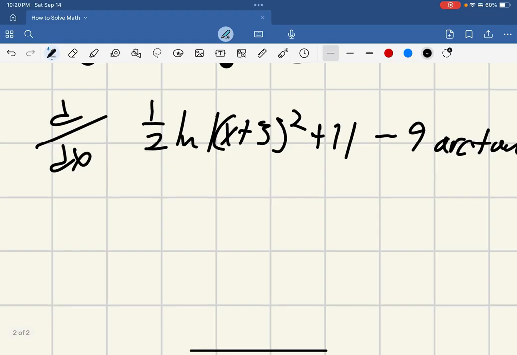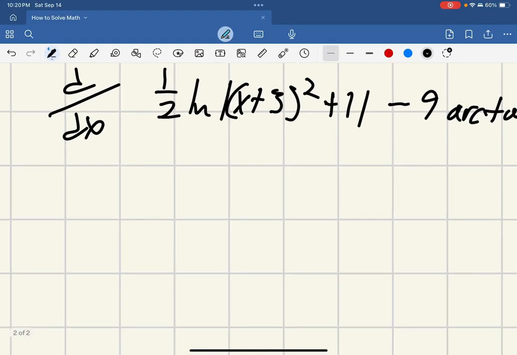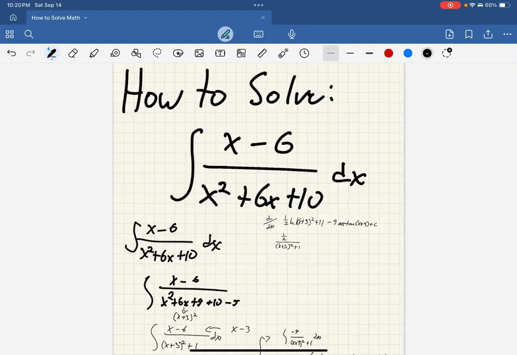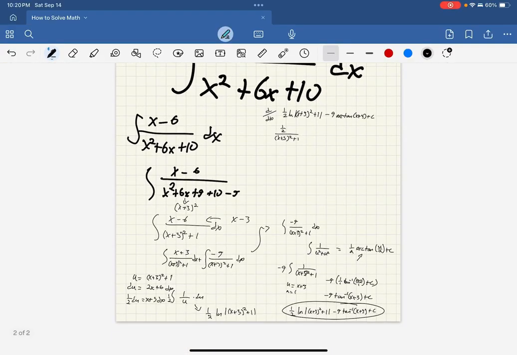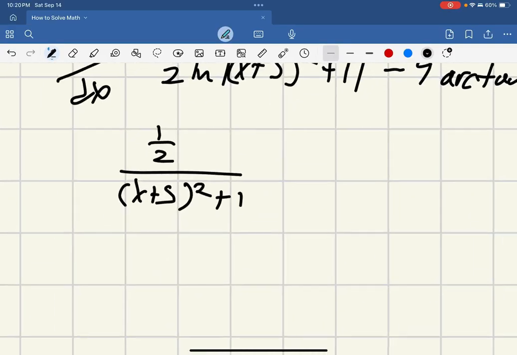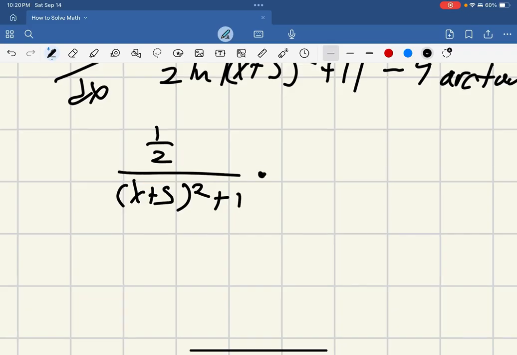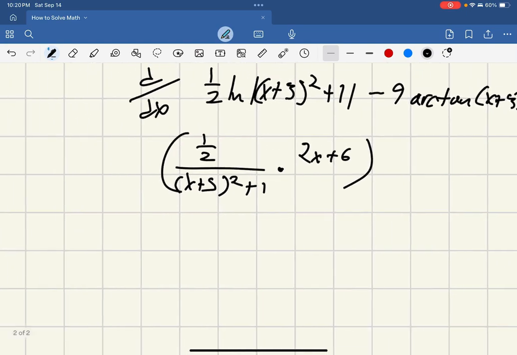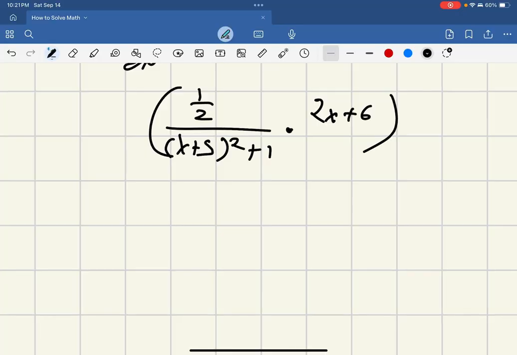Okay, so let's take the derivative of the first one. This is just going to be 1/2 over x plus 3 squared plus 1. Am I doing this right? Oh, yeah, sorry, I just forgot to do a chain rule. Times 2x plus 6.